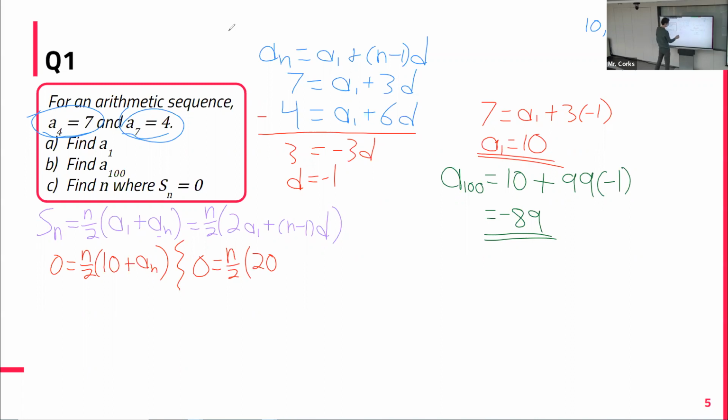Let's skip some steps here. So this is 20, and then here negative 1 times our d, negative 1 would give us a positive 1, so 21, minus n will turn negative there. Okay, so this thing, then how do we solve?